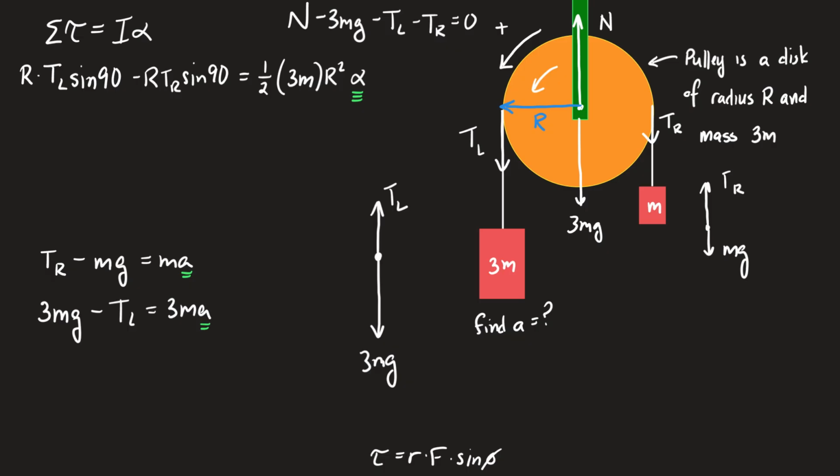This usually isn't hard. So I would always ask you to consider a point on the edge of the wheel. Is a point on the edge of the wheel related to the speed of one of your boxes? If it is, then you can probably use a equals alpha times R as a means of bridging these two things together. But don't be complacent here.